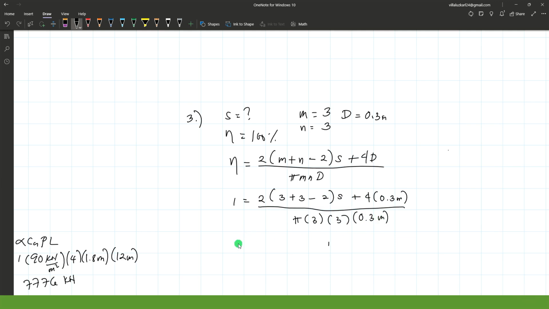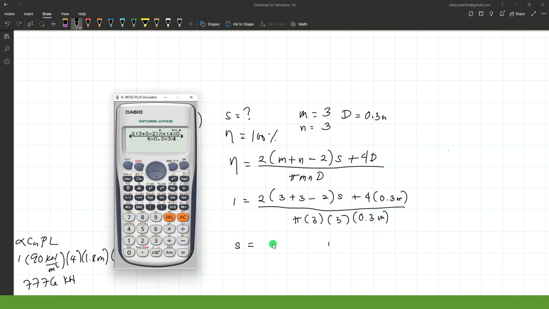I will directly solve for s, the variable, using our calculator. So 1 equals 2 times 3 plus 3 minus 2 times the variable s plus 4 times d, 0.3, all over pi times 3 times 3 times 0.3.